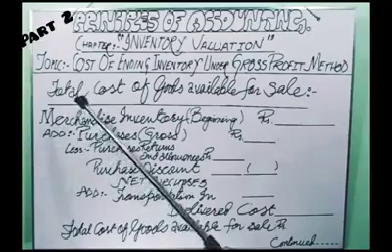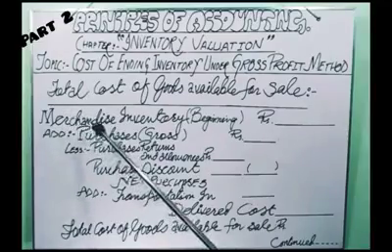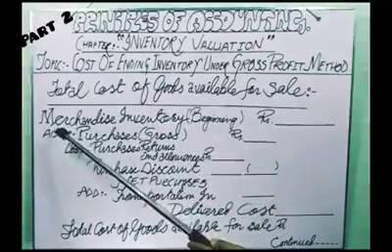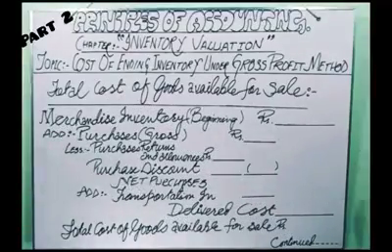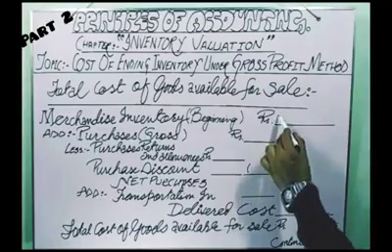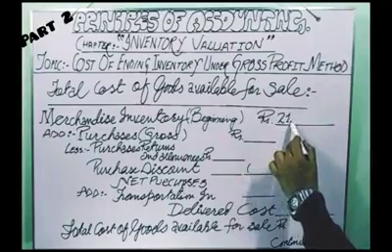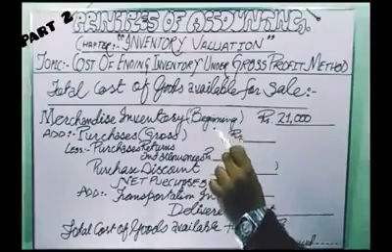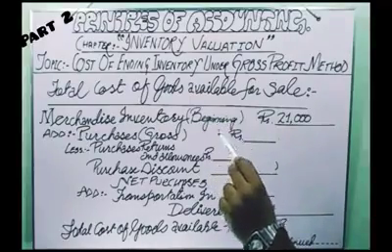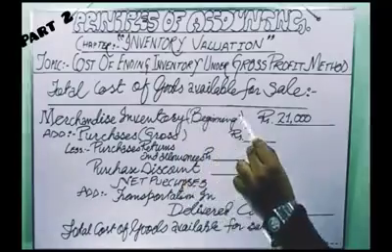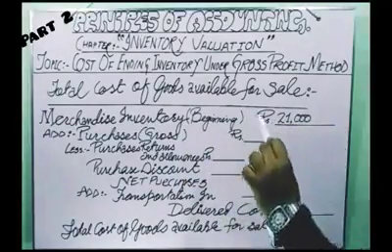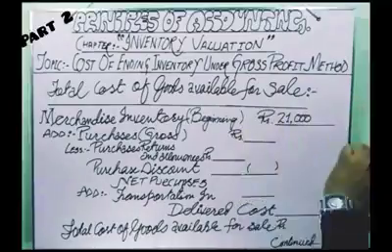Now we are going to take some exemplary amounts to calculate the cost of goods available for sale. For example, we are having merchandise inventory beginning rupees 21,000. It means that when the accounting period started, we were having merchandise inventory beginning of rupees 21,000. It was the merchandise inventory ending for the previous year.